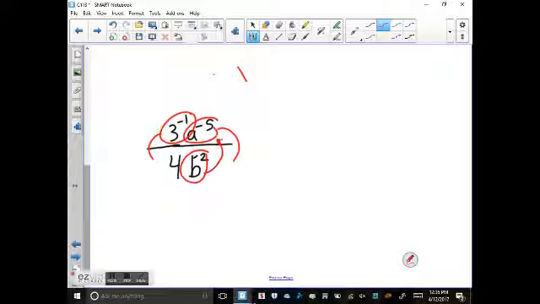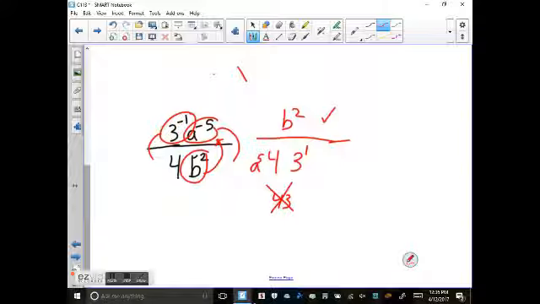So I'm going to have b to the 2nd, 4, 3 to the 1st, a to the 5th. Now let's just say I put the a to the 5th over here. B to the 2nd is good. 4 and 3 to the 1st, that is not 43. That's 4 times 3 to the 1st, which is 12. So b to the 2nd over a to the 5th, 12.